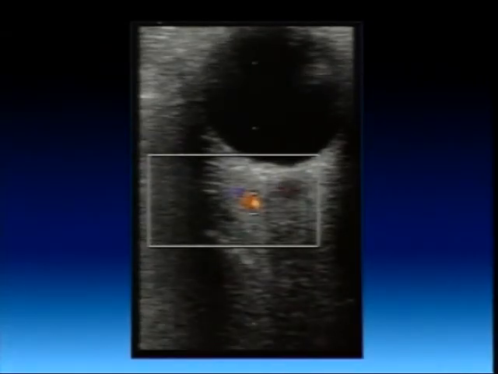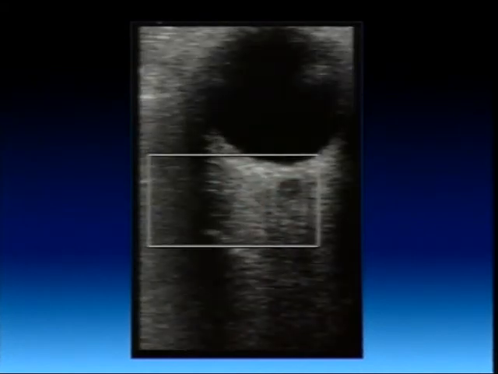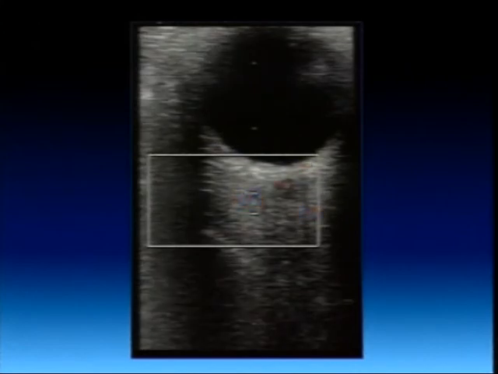This is the sampling of the posterolateral ciliary artery.